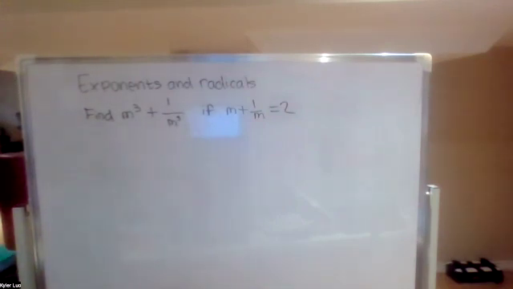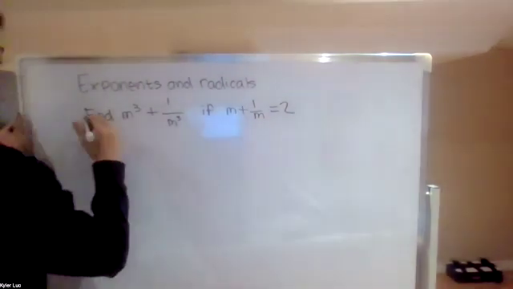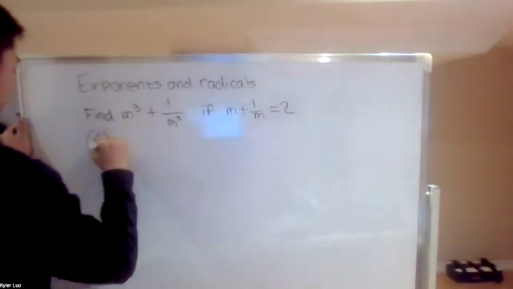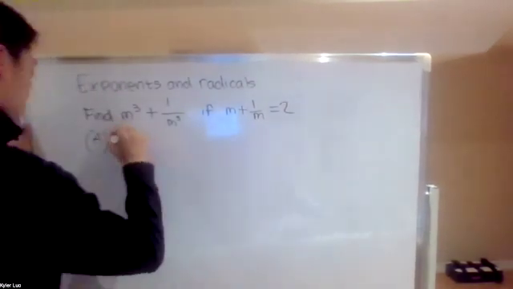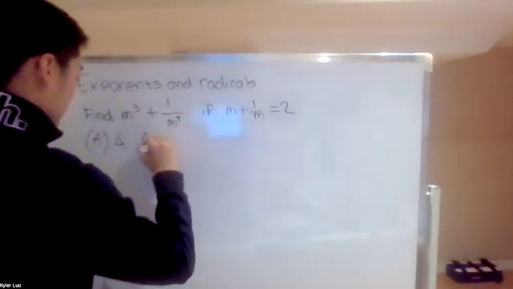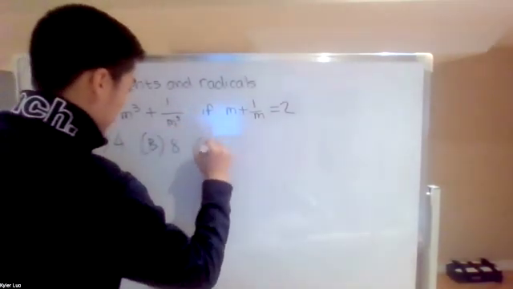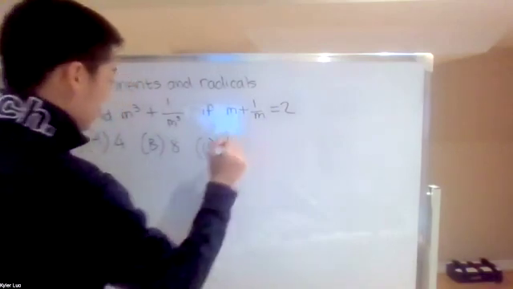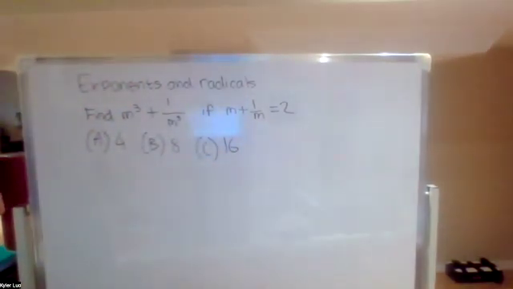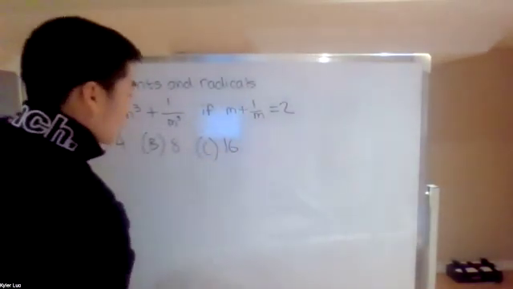This one should be easy. So A is 4, B is 8, C is 16... oh, no, that's 14.